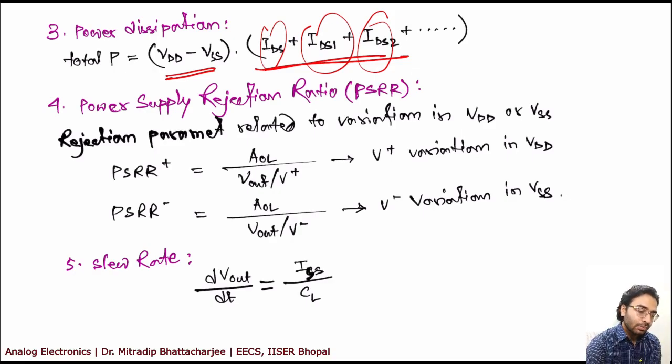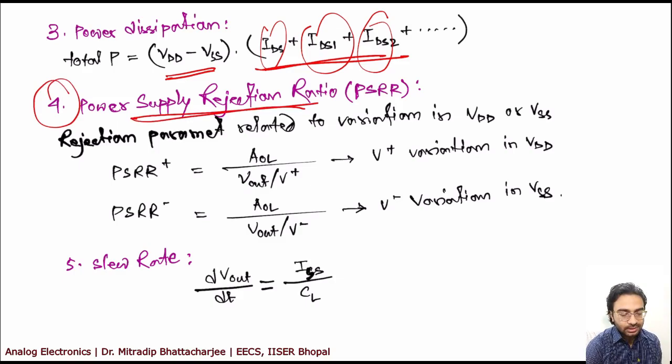There is another term which is known as power supply rejection ratio. Now this basically means that if there is any variation in your VDD and VSS, you don't want that variation to affect your circuit.